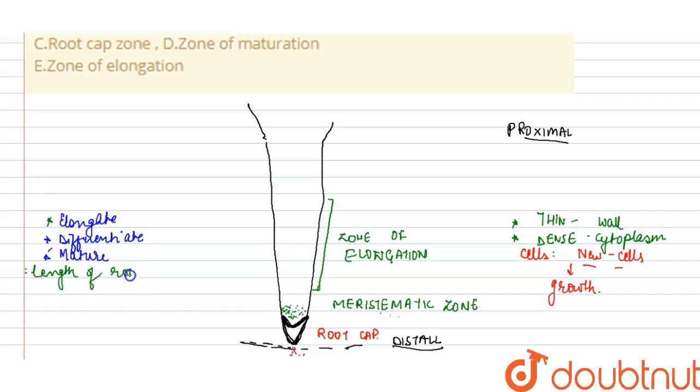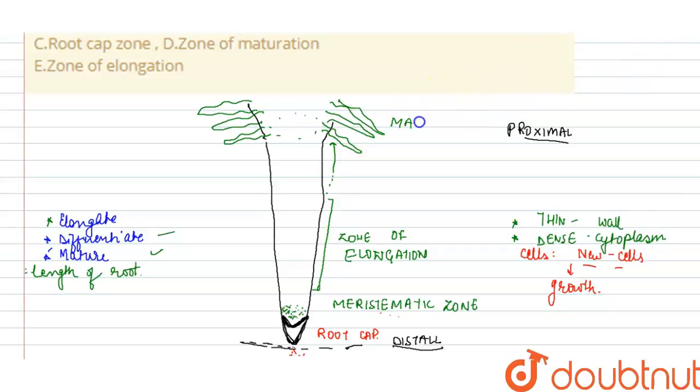The cells that get differentiated and mature move above, more proximally, to a region known as the region of maturation.